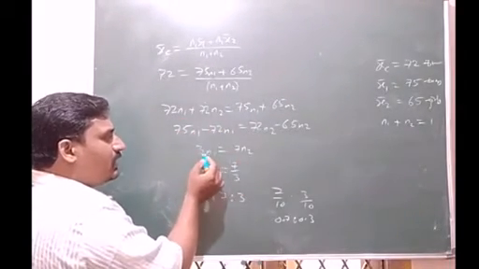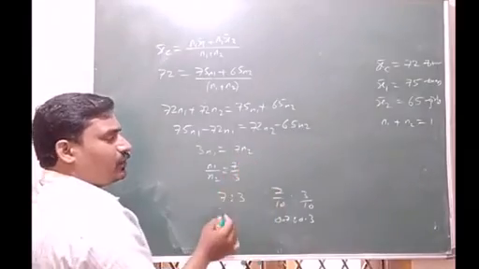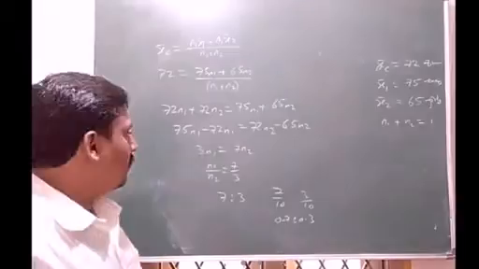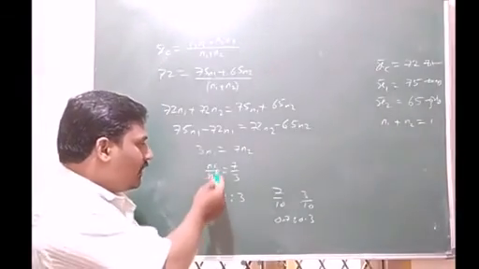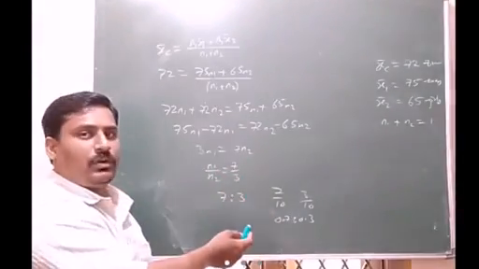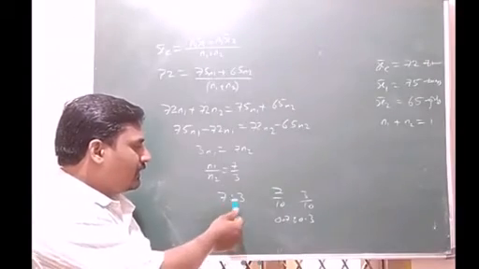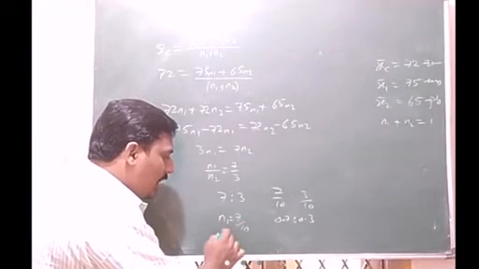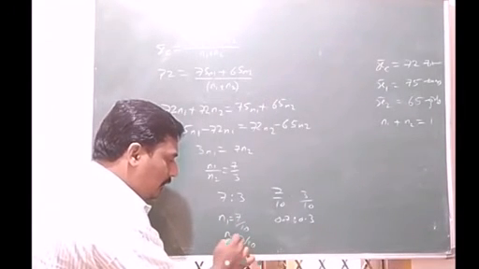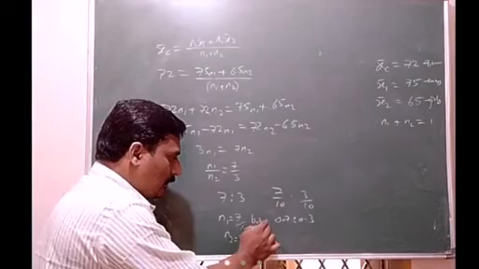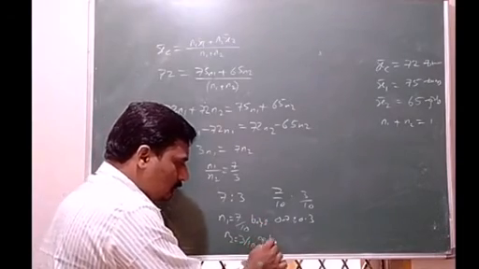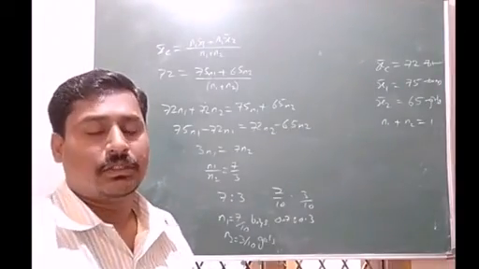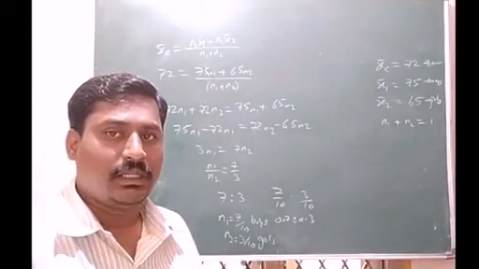So the difference is 3 N1 and here the difference is 7 N2. Again numbers one side and variables one side, so N1 divided by N2 is equal to 7 divided by 3. If we write it as a proportion, it becomes 7 is to 3. So N1 boys are 7 out of 10 and N2 girls are 3 out of 10. If we consider a total of 10 students, 7 are boys and 3 are girls.